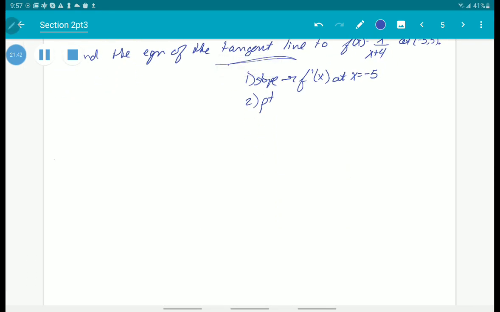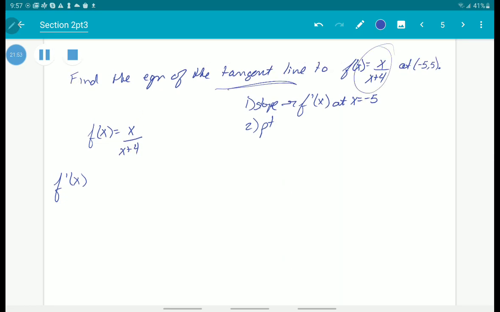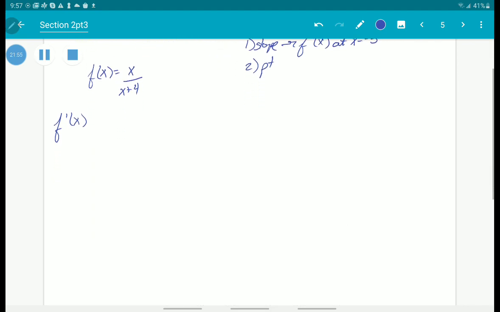So let's get started. To find the derivative of f of x equals x over x plus 4, which is what we're looking for, we're going to use the quotient rule. The quotient rule says it's the bottom times the derivative of the top, minus the top times the derivative of the bottom, over the bottom squared. So there's my setup.